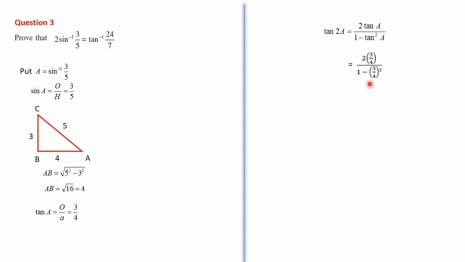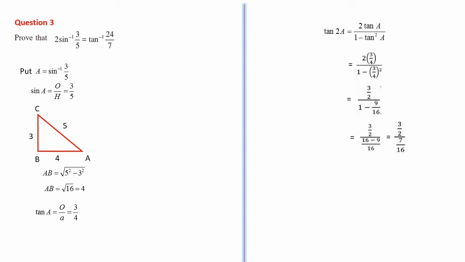Then from here onwards, a little bit of normal calculation. Here 2 and 4 we cancel, and we get denominator 2. So that is 3 by 2 divided by 1 minus 9 by 16. Taking 16 as common LCM, that is 3 by 2 divided by 16 minus 9 divided by 16.